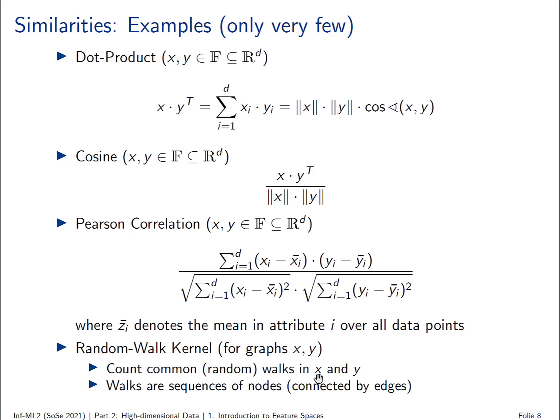So you just walk through x and y in a random order, starting from a random node in x and then from a random node in y, and then just go through the edges in a random manner, and do that many times, and then the walks are sequences of nodes connected by edges, and then you see, do I have or count the number of common walks in both of those two things.